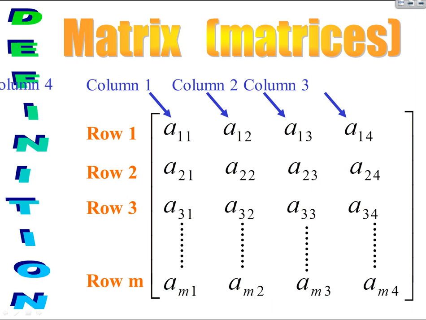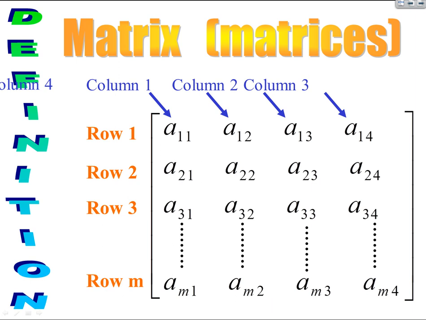Yes, ma'am? Will the variables always be the same? Meaning the A, will it always be an A? Okay, yeah, these aren't variables. When you see something like A, typically that would be what we call matrix A, which is like a template for a matrix. And then all of the elements in here, we call them A when we don't know what they are.